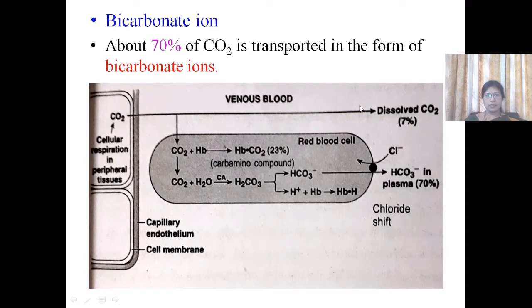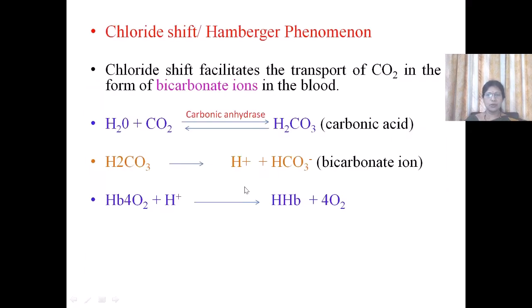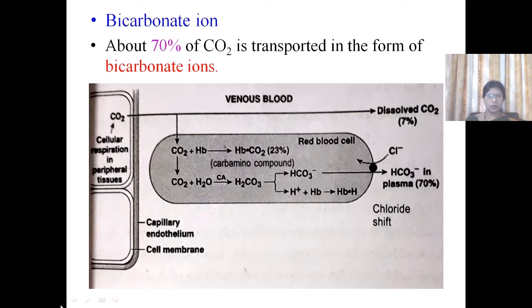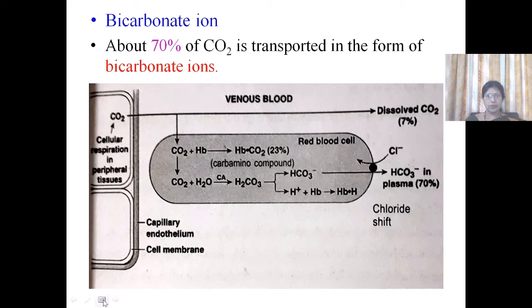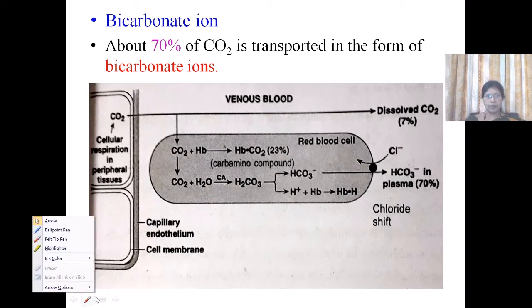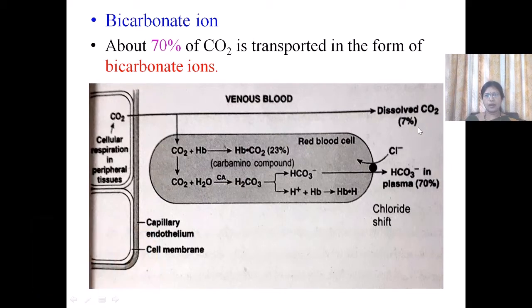Through the plasma in the blood, about 7% of carbon dioxide is being carried in the dissolved form. And here we can see the carbon dioxide reacts with the hemoglobin and forms the carbamino compounds, and 23% of the carbon dioxide is transported in the form of carbamino compounds.